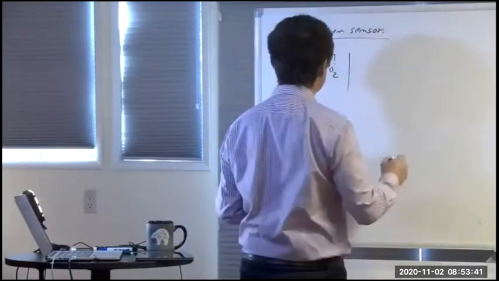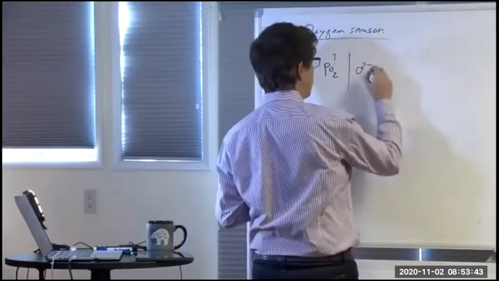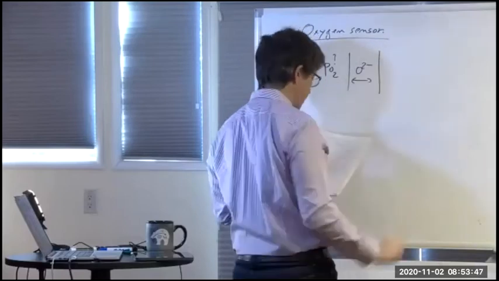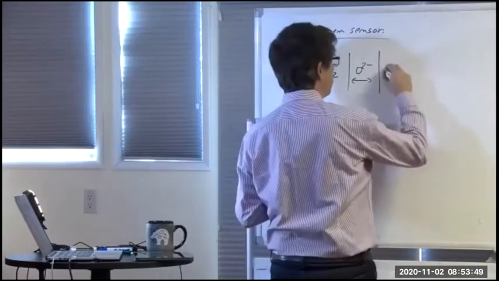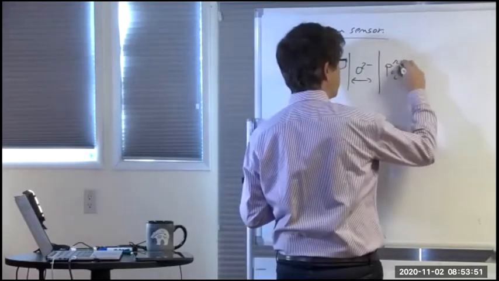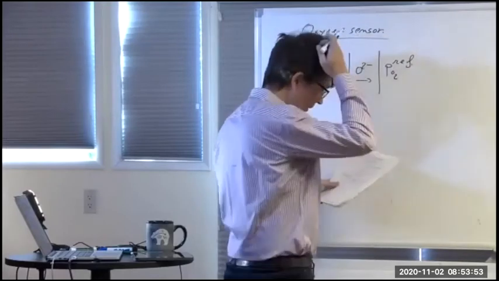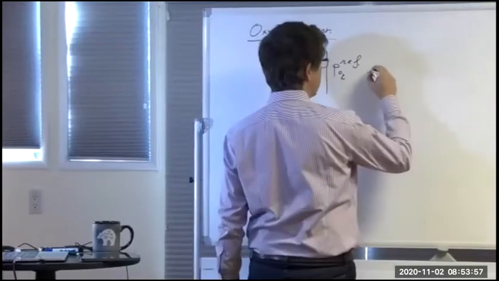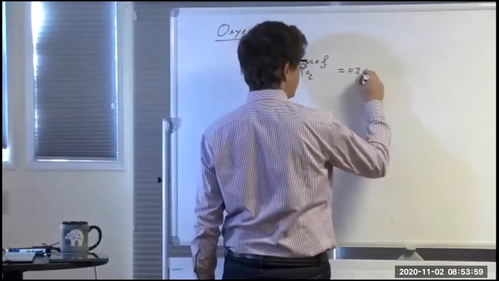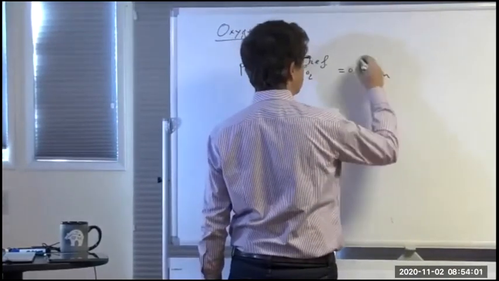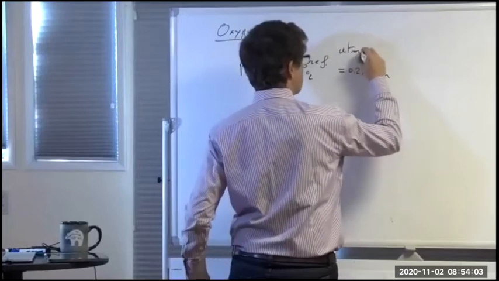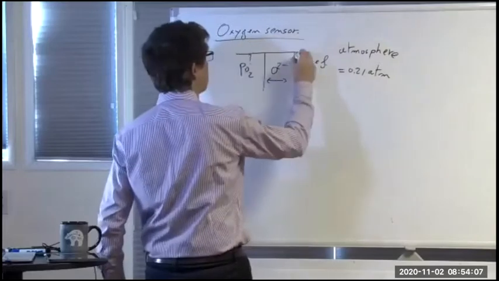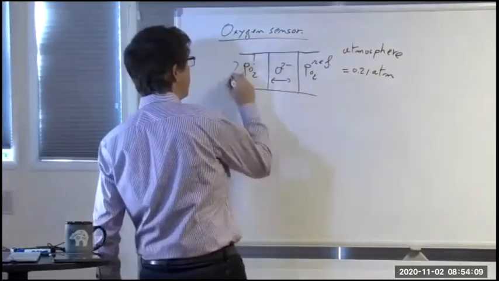You put that in contact with a membrane that conducts oxygen ions, that would usually be an oxide, and you put that in contact with a reference PO2, which could be the atmosphere. It's very easy. You make this the atmosphere, so then this is 0.21 ATM. And this here is where you want to know the PO2.